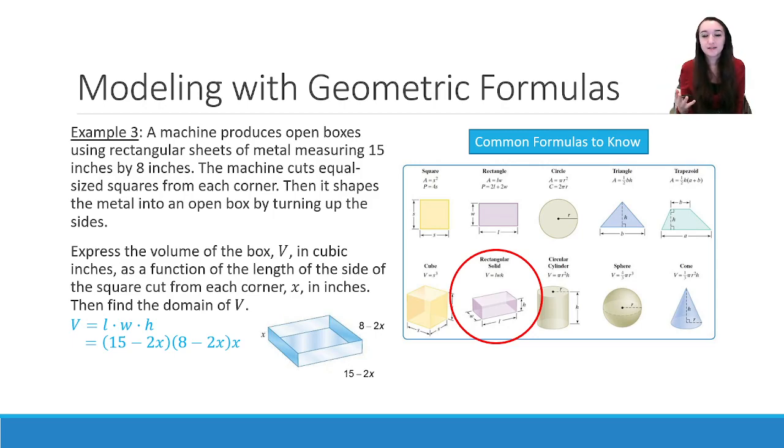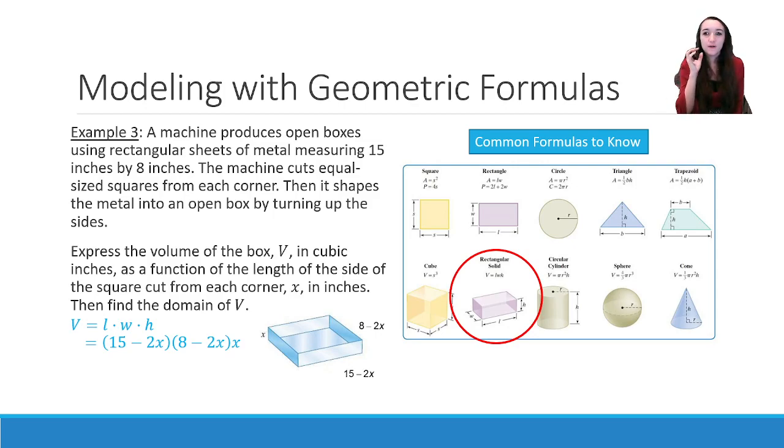But none of that is really happening here. This isn't a piecewise function. There's no denominators. There's no even roots. So this function as it's given, 15 minus 2x times 8 minus 2x times x, should have a domain of all real numbers. And as an equation, it would.